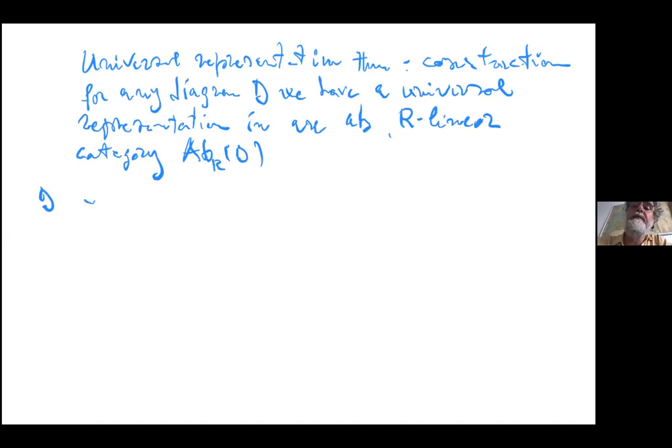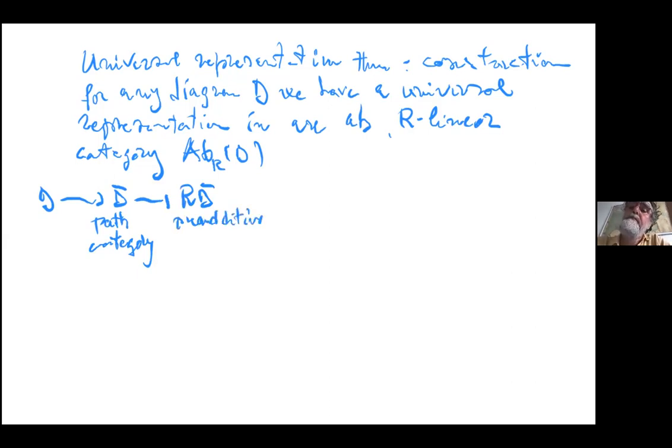I have the diagram, then I can complete it as a path category. Then I can make it a pre-additive enrichment R of D bar, by taking free R modules on the maps.